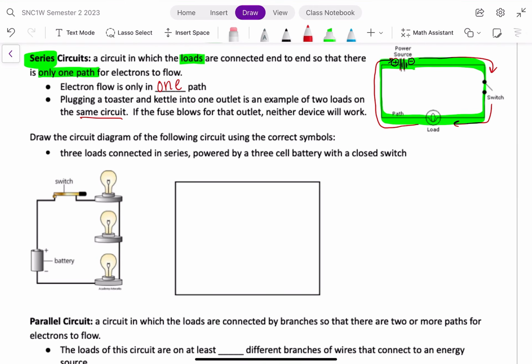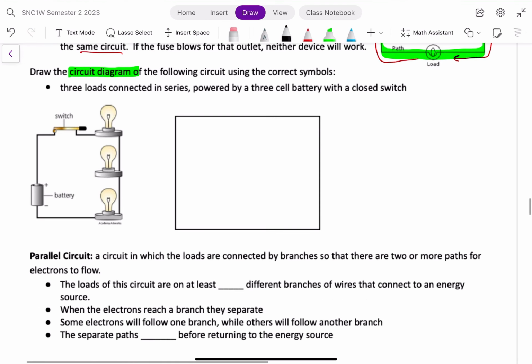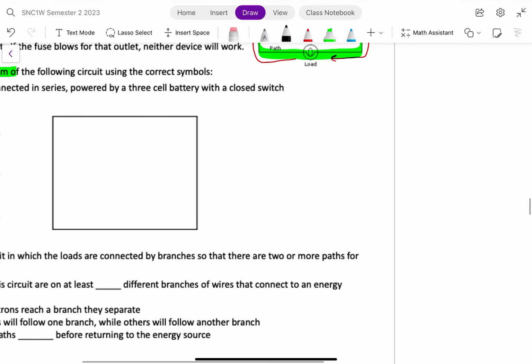There are a couple of symbols that we should know or we should remember before we draw circuit diagrams. So on the side here, I want you to draw some symbols for us to remember. The first is, remember that we need a battery source. So there are multiple battery sources that we may be asked to draw.